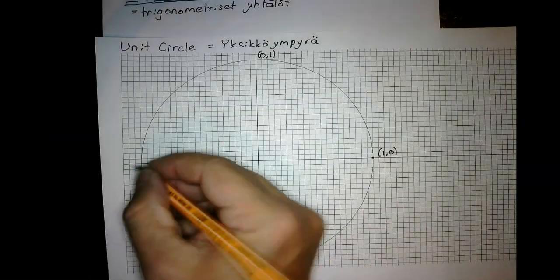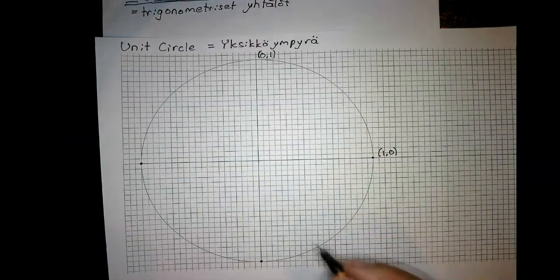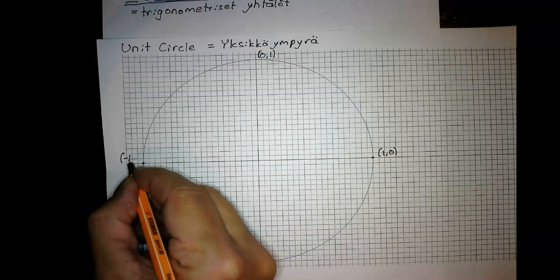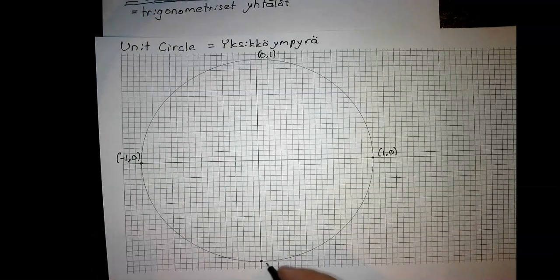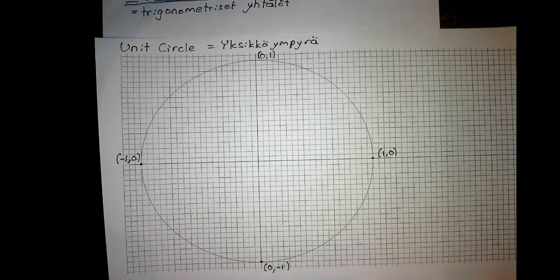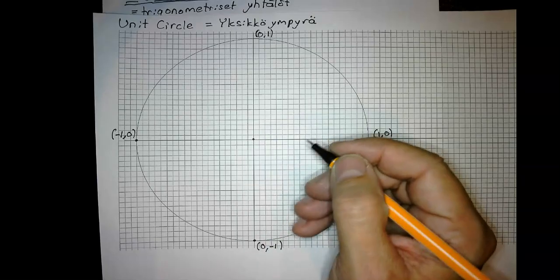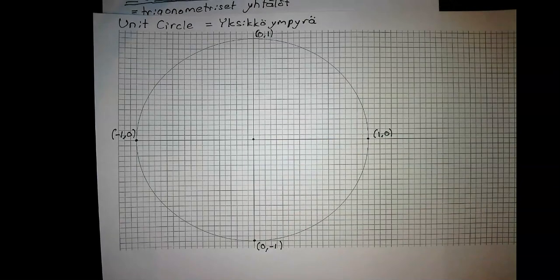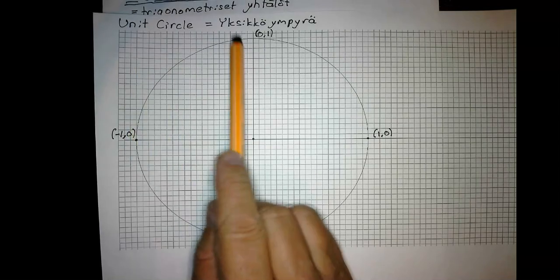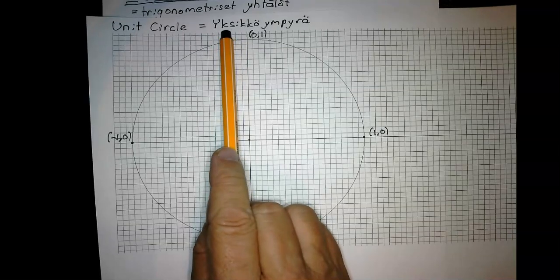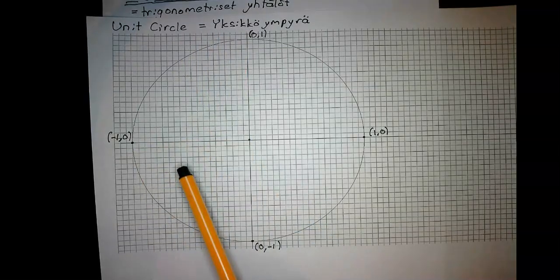And if we go round this circle, here we have coordinates -1, 0, and 0, -1. So this is a circle which has its center in the origin of the coordinate system, and the radius of that circle is 1 unit. That's why it's called unit. Yksi in Finnish means number 1, and yksikkö is unit.